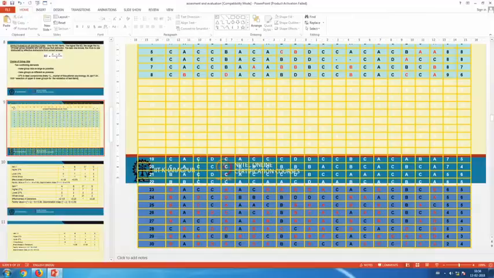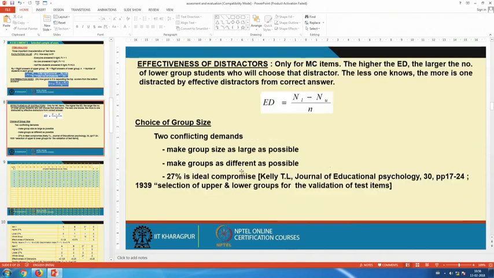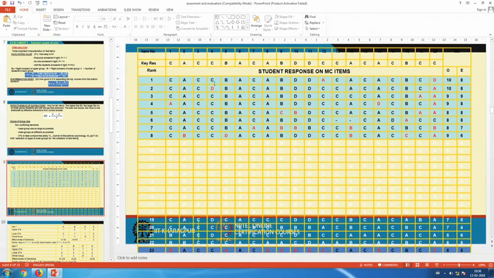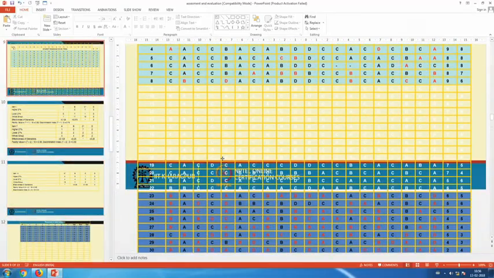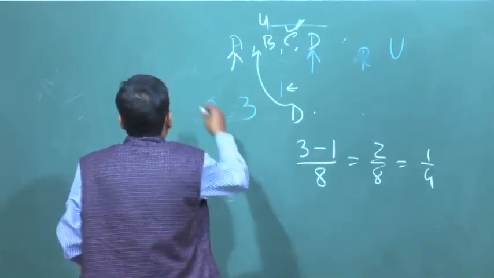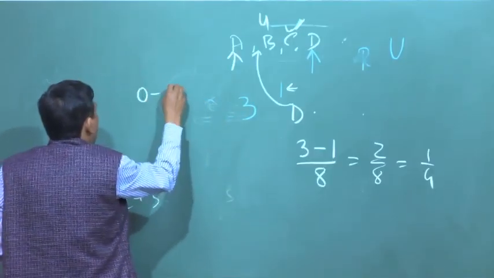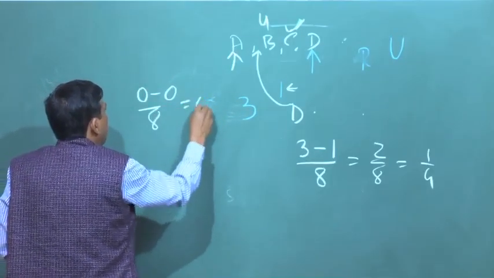In the upper group nobody chose A, and in the lower group also nobody chose A. So, the effectiveness of distractor A is 0 minus 0 divided by 8, which is equal to 0.